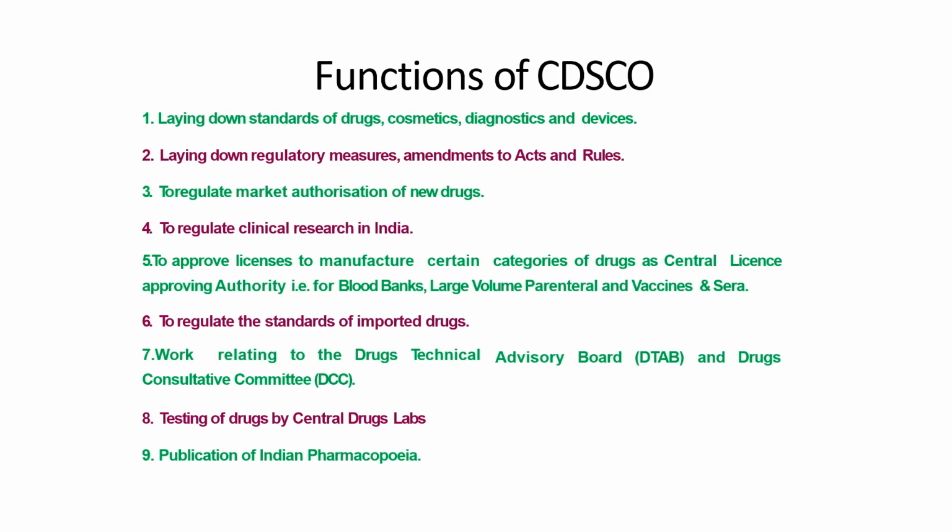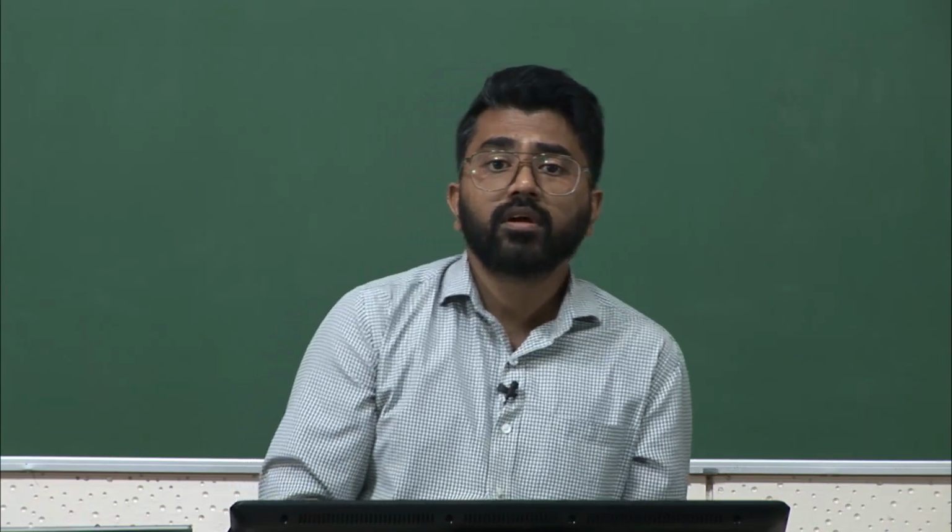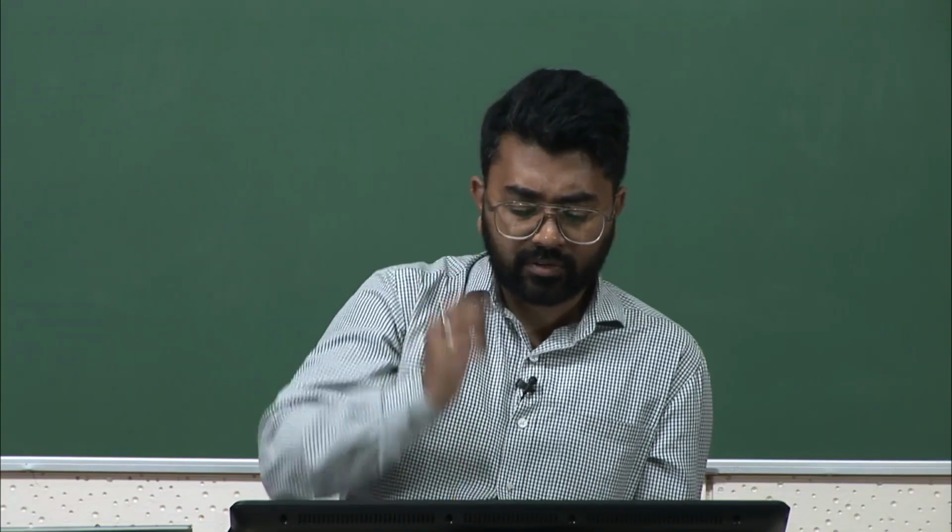Central drug labs are several labs which measure, for example, what is the potency of a certain drug, and whether the mixtures of different elements or components are correct, right? This is another point. Many times you will see these are known as API manufacturers, active pharmaceutical ingredients manufacturers.